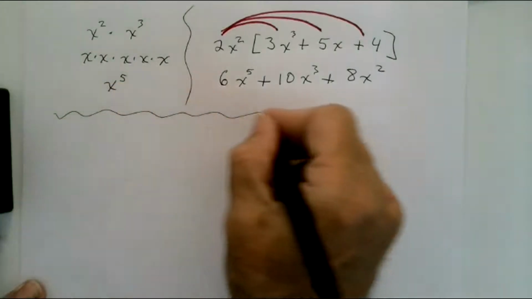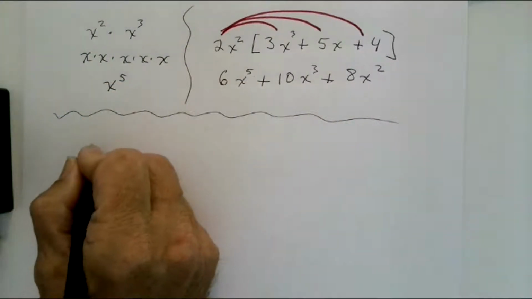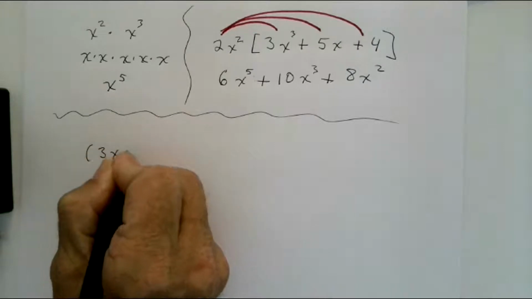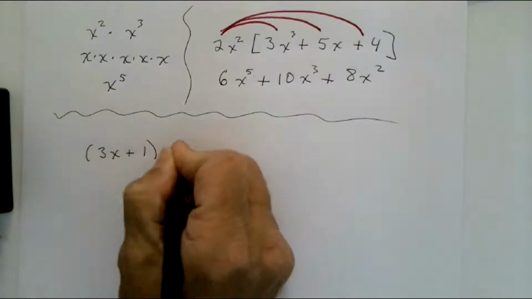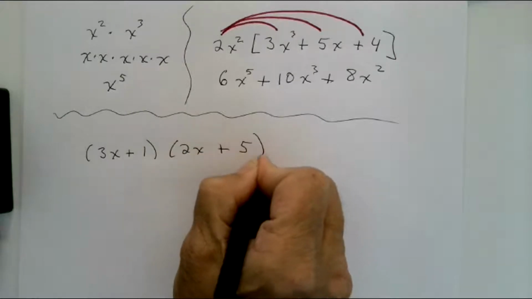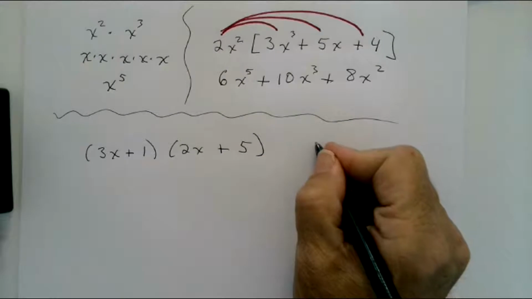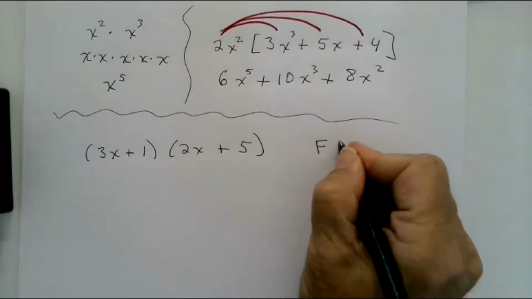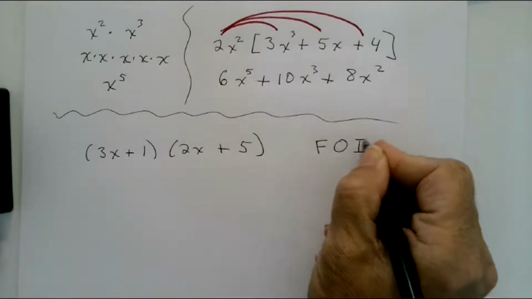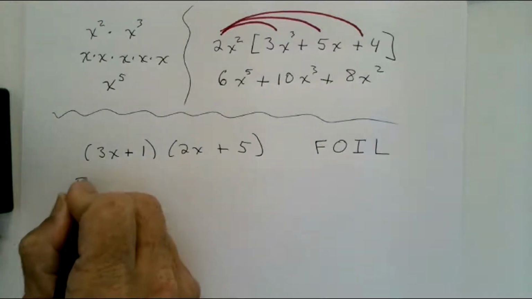It gets interesting when we multiply something other than a monomial. So what if we have 3x plus 1 times 2x plus 5? The way most people teach this, at least in the United States, is to use this FOIL method, which frankly I'm not a real big fan of, but I'll quickly show you one version, then I'll move to something that I prefer.